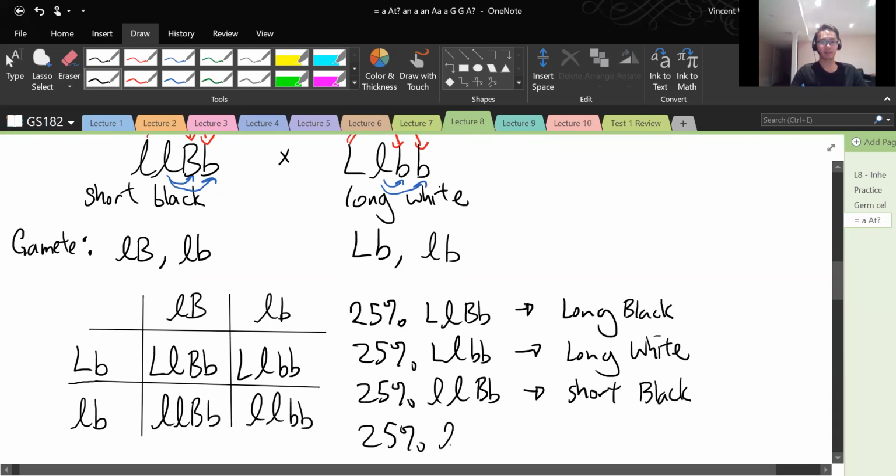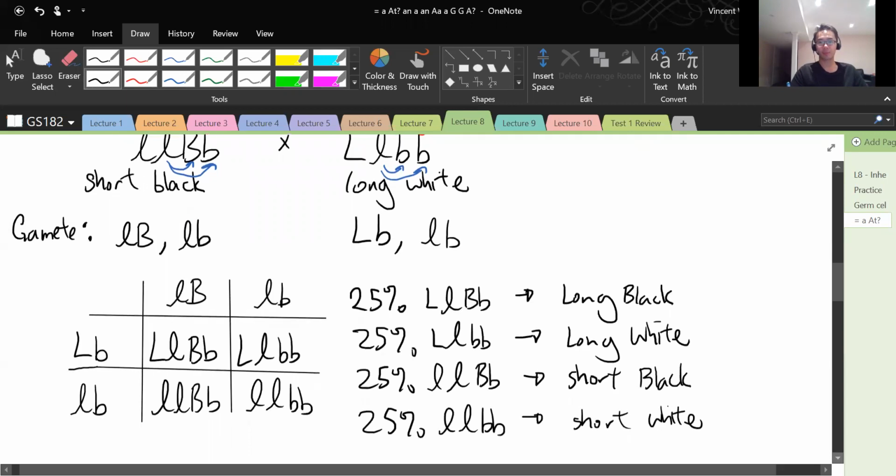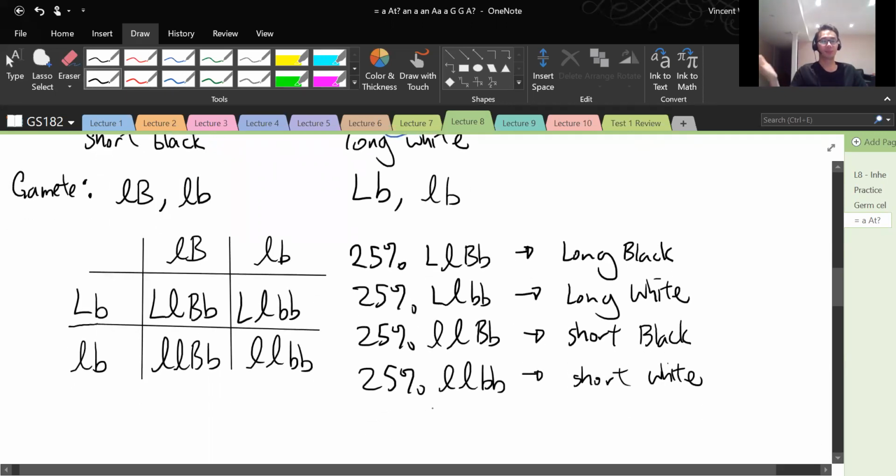And finally, we would have 25% chance of getting a short horned white coat cow. That's how you do it.